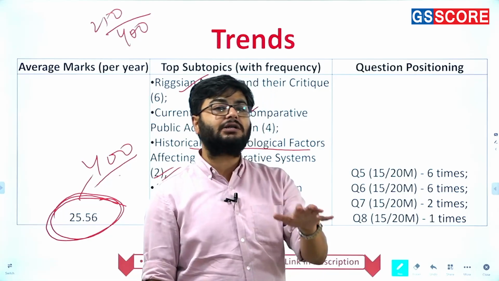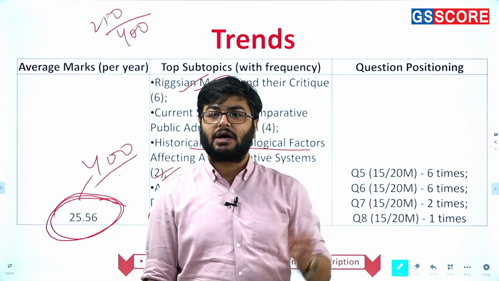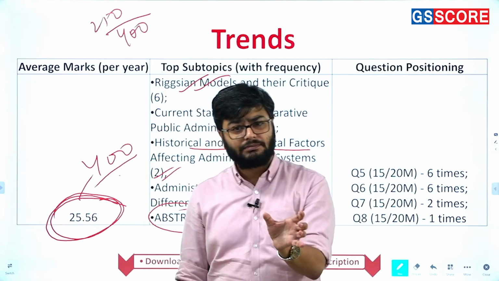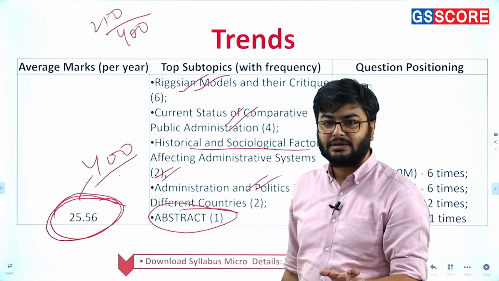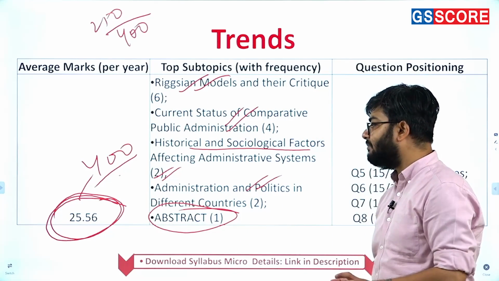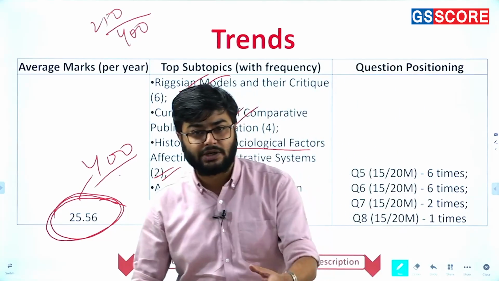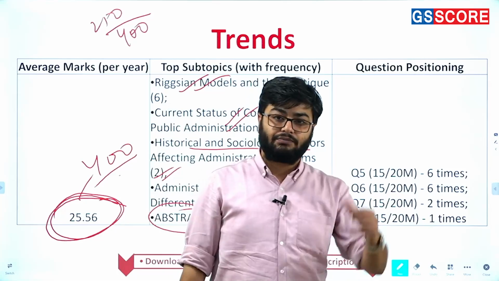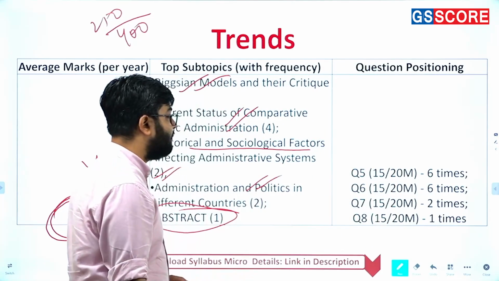However, there can be certain isolated questions, like one was asked, which will span across these topics, right? Or will rather touch multitude of these topics, combining, let us say, a Riggsian model, comparison of two systems of two countries, right? At the same time, hinting towards ecology and administration, something that we covered through the ecological approach in the listing when we were going about it.